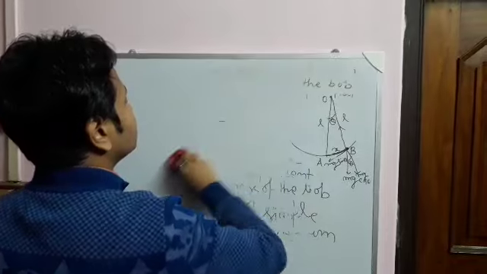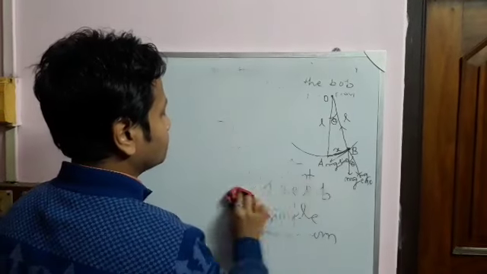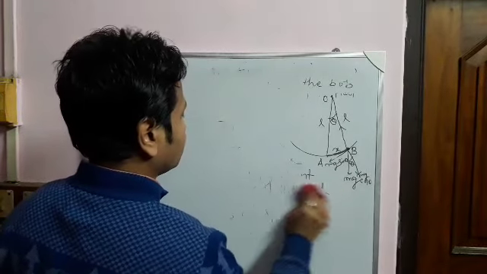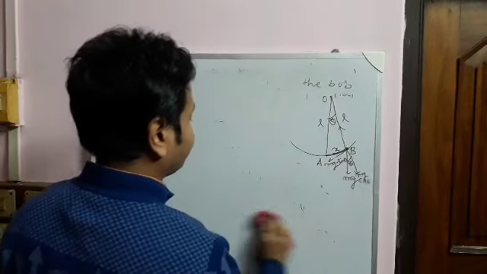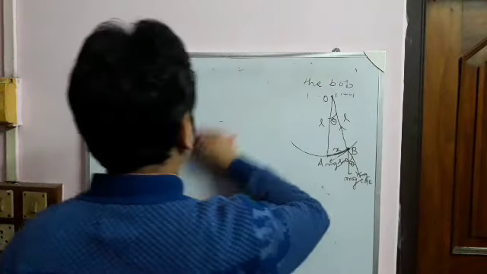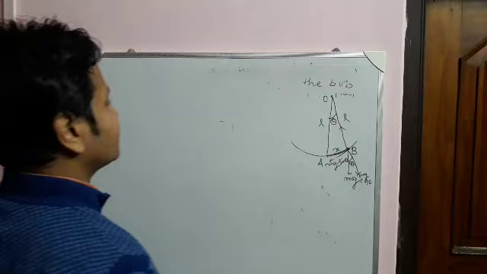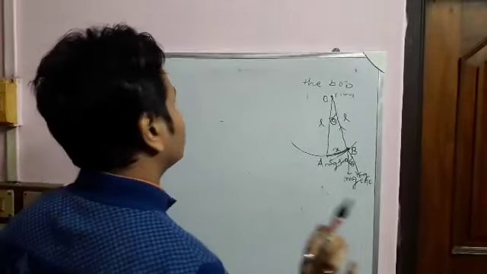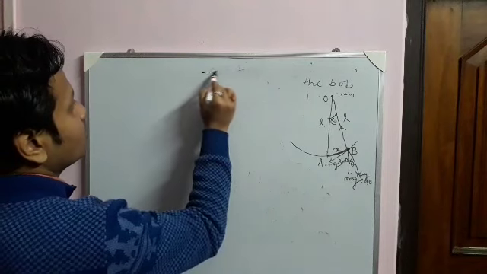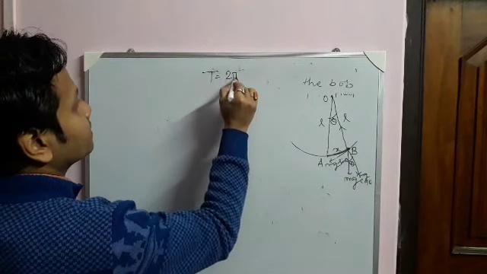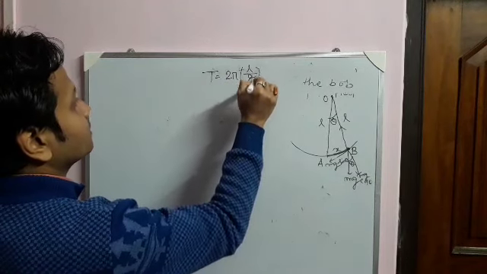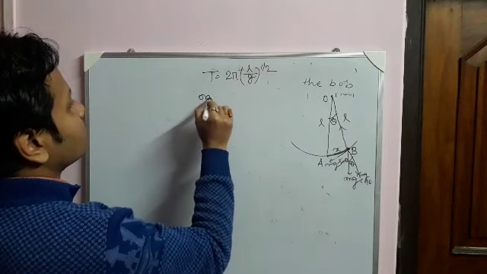Now what are the basic uses of the simple pendulum? The first use of the simple pendulum is that we can determine the acceleration due to gravity of any particular place. How? From the pendulum law we get T equals 2 pi root L by g. So if you take the square, what do we get?